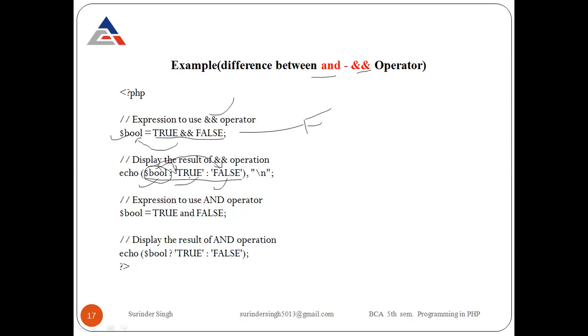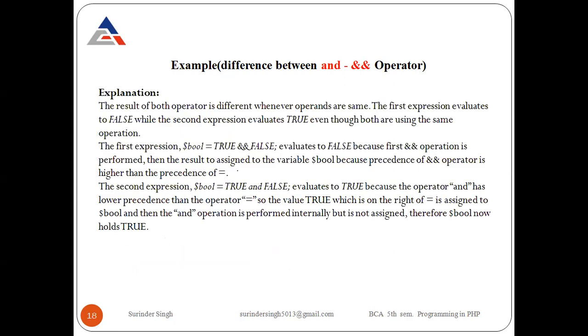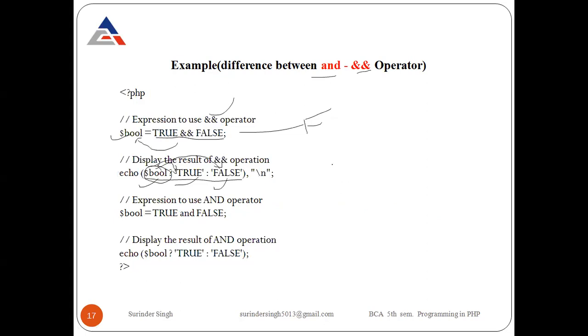Now, the first expression evaluates to false, while the second expression evaluates to true. The expression bool = true and false evaluates to false because the and operation is performed first, and then the result is assigned to the variable bool. In this statement, first this expression will be solved.